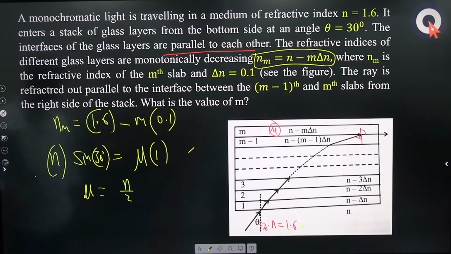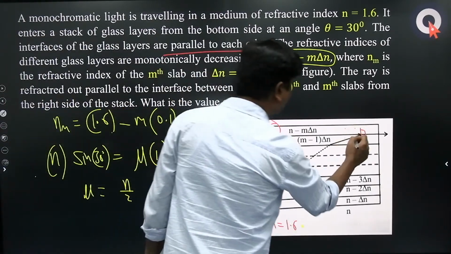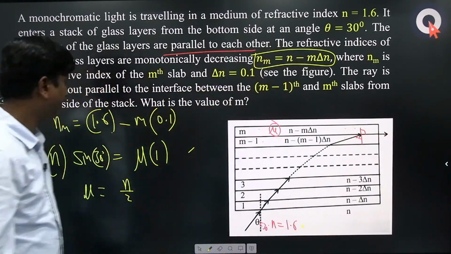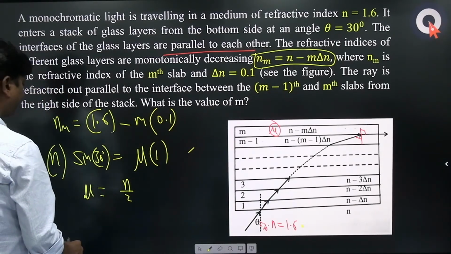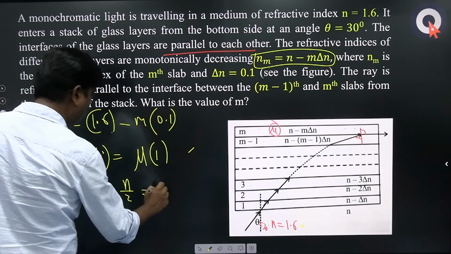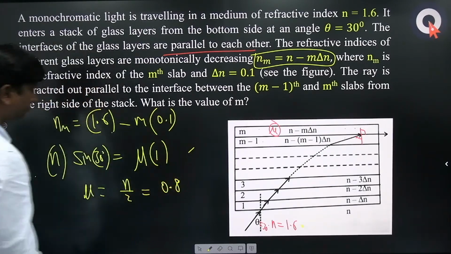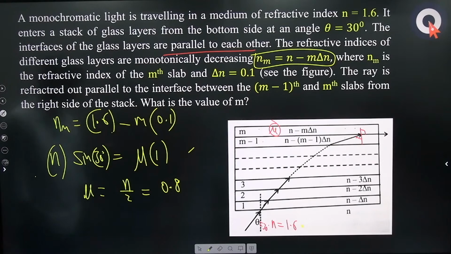So n is 1.6, so n by 2 is 0.8. So 0.8 is the refractive index of the slab at exactly 90 degrees.